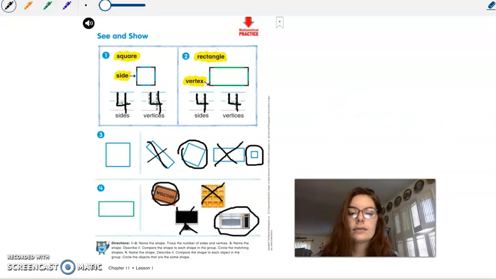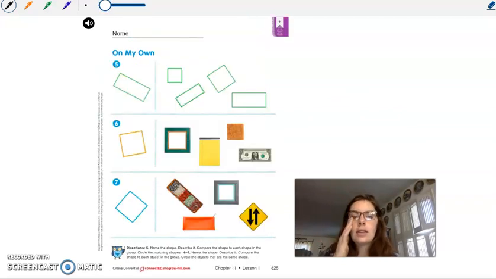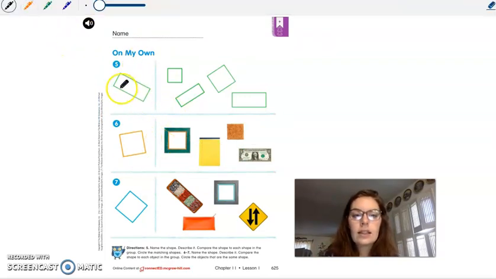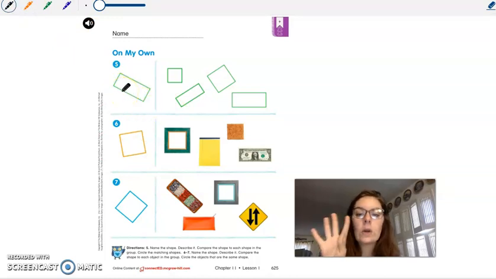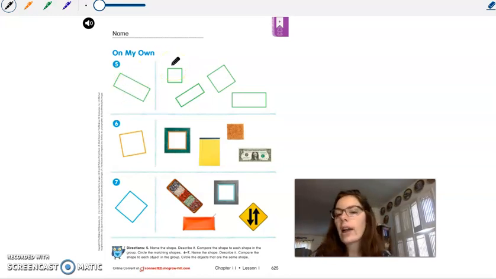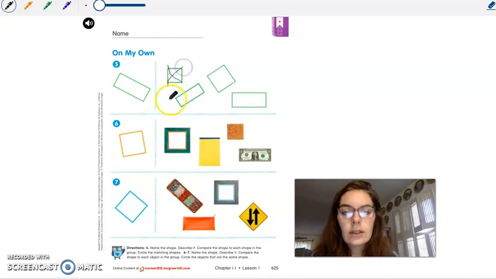All right. Now, we're going to look here and do these. What is this? A rectangle, and it has 4 sides and 4 vertices. So let's look. We're going to X the ones that are not a rectangle. Not a rectangle. This one is.